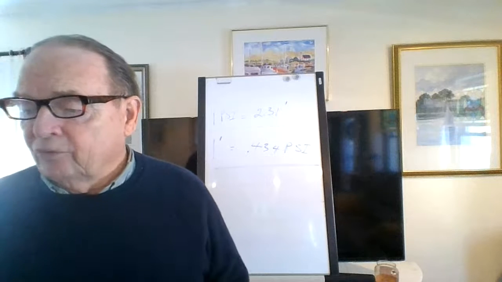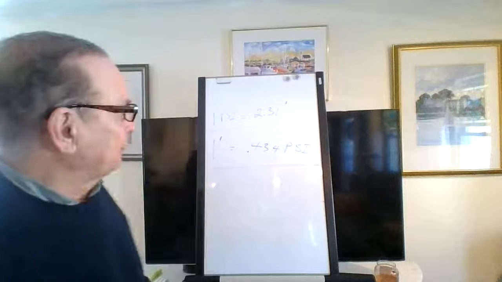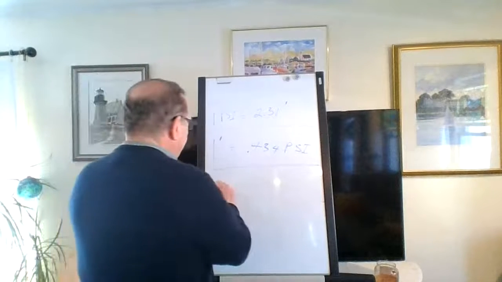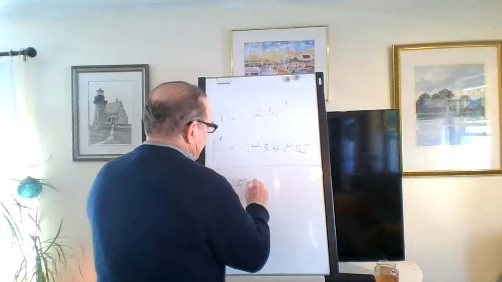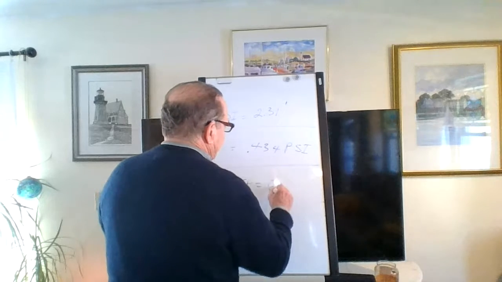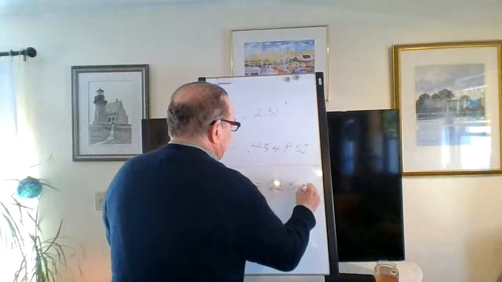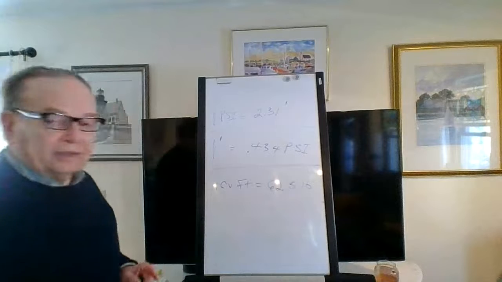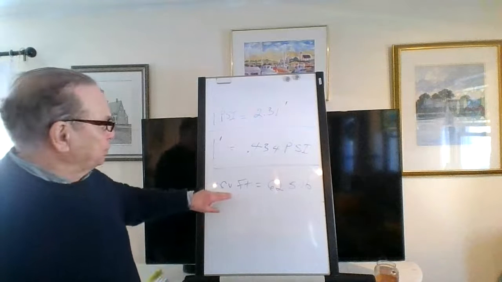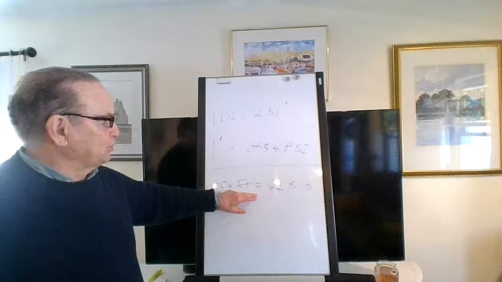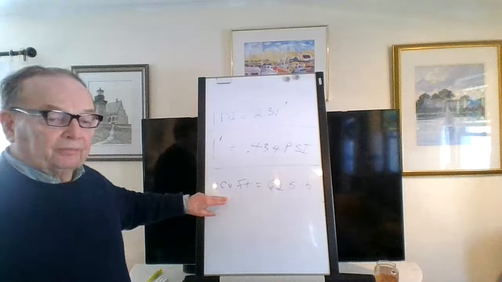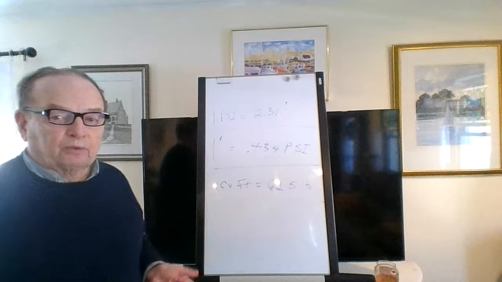Now, a cubic foot of water, let's just do one problem like that. So 1 cubic foot equals 62.5 pounds. If this cubic foot was only 3 inches deep, how much would the water weigh?